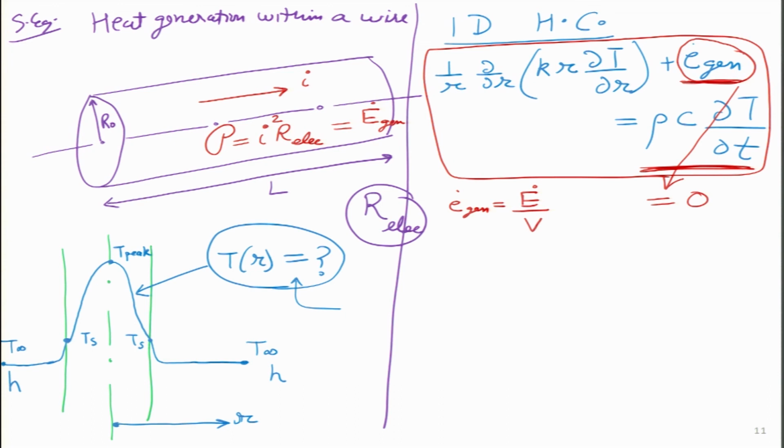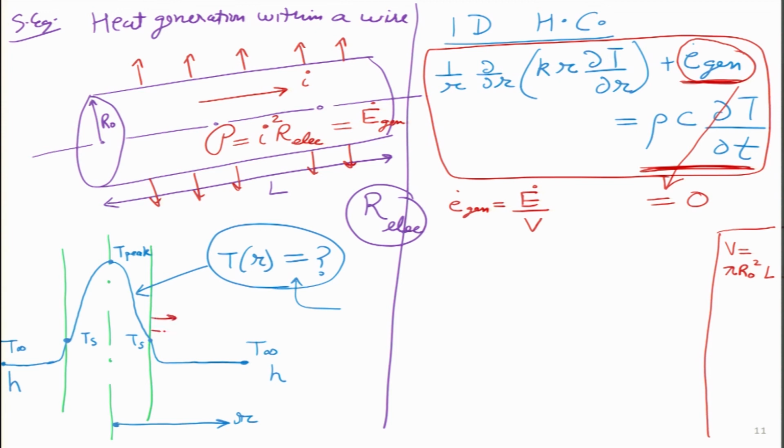So, let me go ahead and write those expressions down over here. For this particular cylinder, what is the volume of this whole cylinder? We can write it is simply pi r naught square L, and we will be using the area term because it is going to actually lose heat from all sides. So, this is the graphical representation of the heat loss that is going to take place.